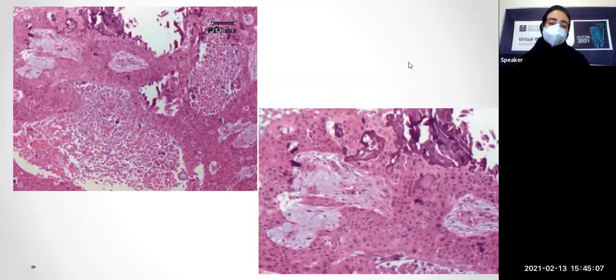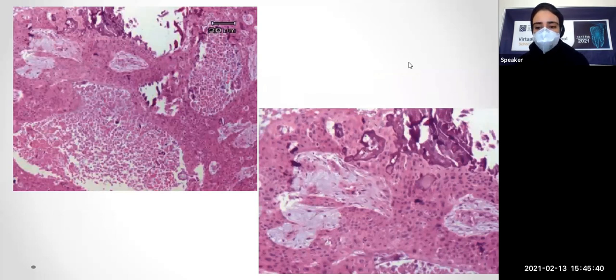And here we have the pathologic sections, H&E stain sections. The photomicrographs, as can be seen here, are showing a neoplasm composed of solid sheets of the tumor with central necrosis, and I think all of you can see the dystrophic calcification at the top of the right-hand slide.